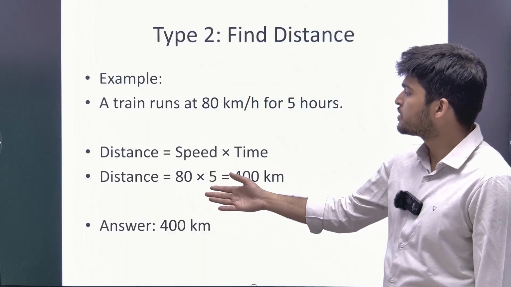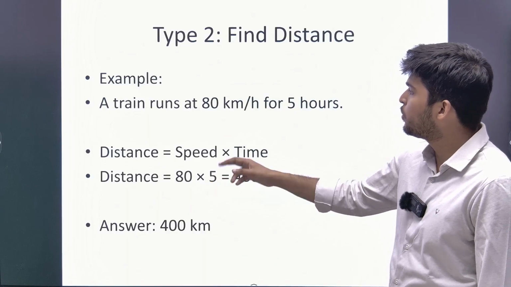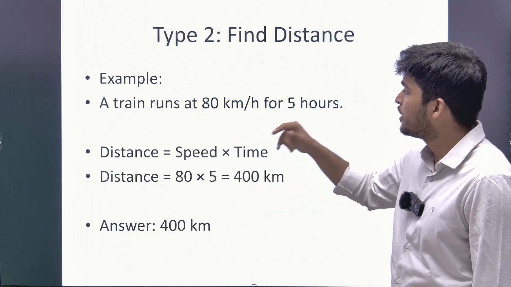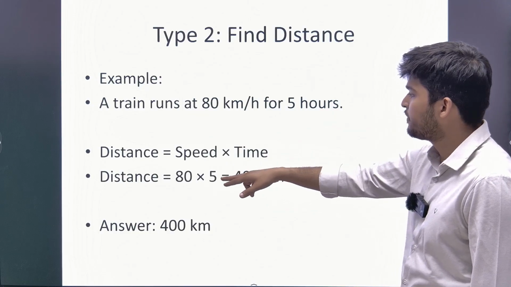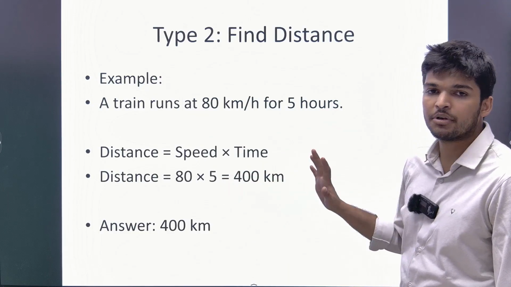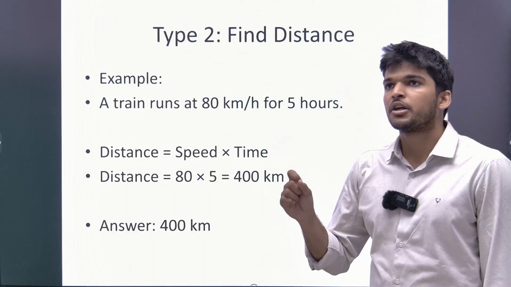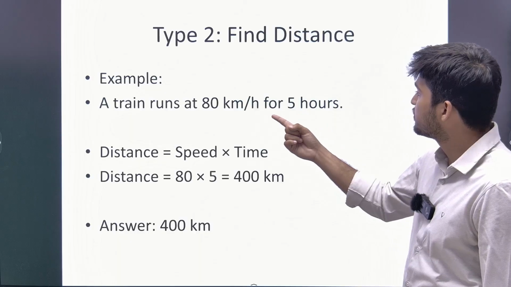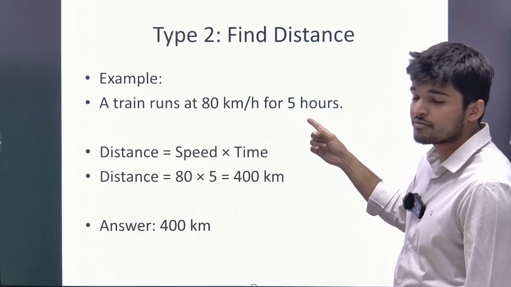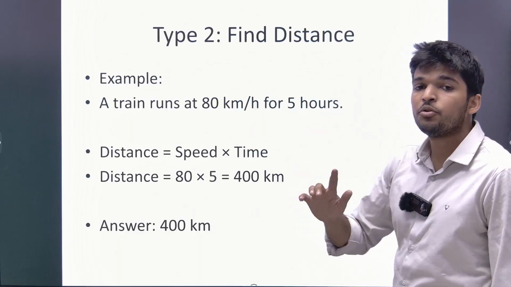So the distance will be equal to 80, that is the speed of the train, and the time taken, which is 5 hours, that is 400 kilometers. In this question also the units were in the same term, like kilometer and kilometer per hour and hours were given. So we had to do no conversions.